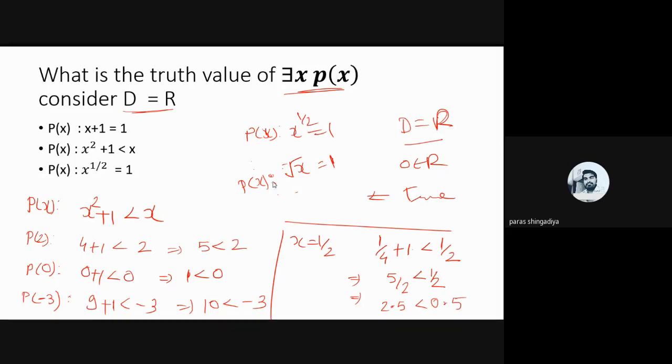Consider x equal to 1: the square root of 1 is equal to 1, so it is true. Therefore, there exists x such that P of x is true.